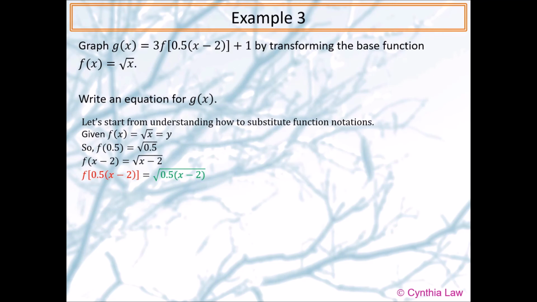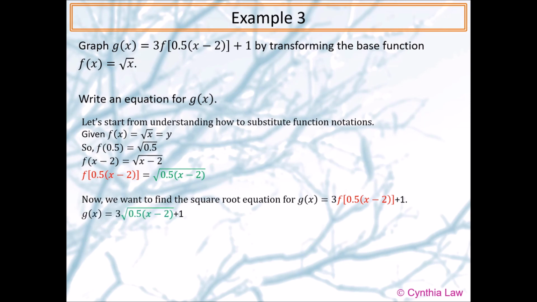So now we want to find the square root equation for g of x equals 3 times f at 0.5 times x minus 2, all in the square bracket, and then plus 1. So we replace the function notation part with the square root part.